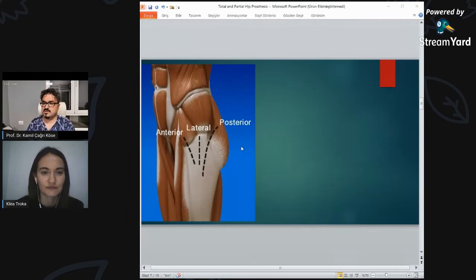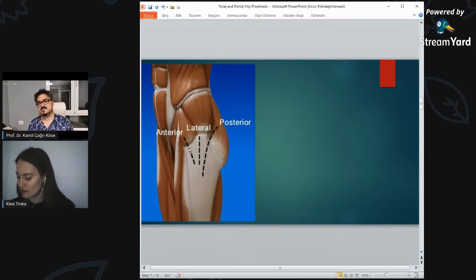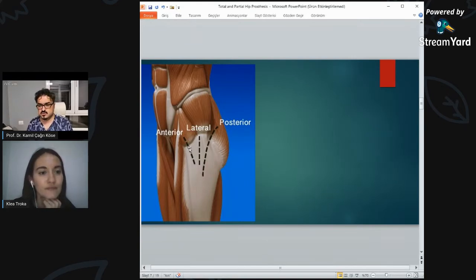So there are only a couple other pictures to show. This is a picture which shows the types of incisions that we use in this kind of surgery. This is an anterior incision. This is a lateral incision. This is a posterior incision.